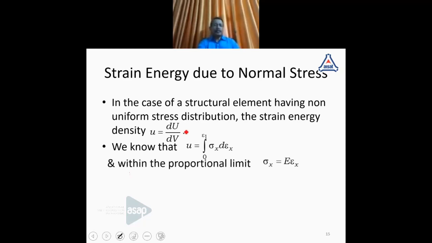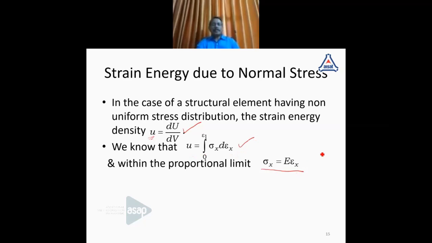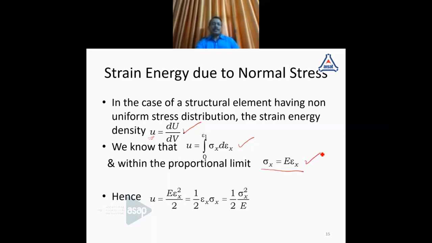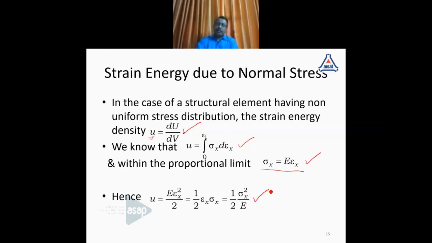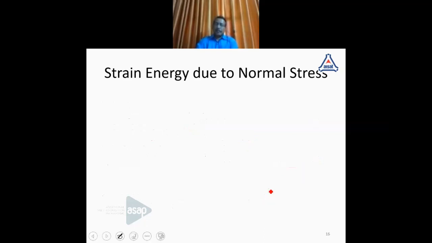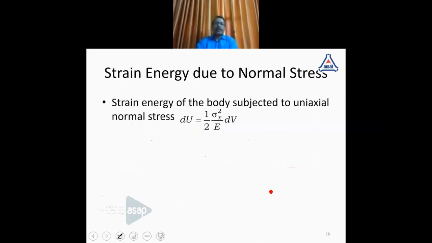So this is a basic expression for elastic strain energy density, and this expression we have already seen. Within the proportional limit, this expression comes from Hooke's law. So using this, we can write the strain energy density is half of sigma x square by E. That expression is also already explained to you.